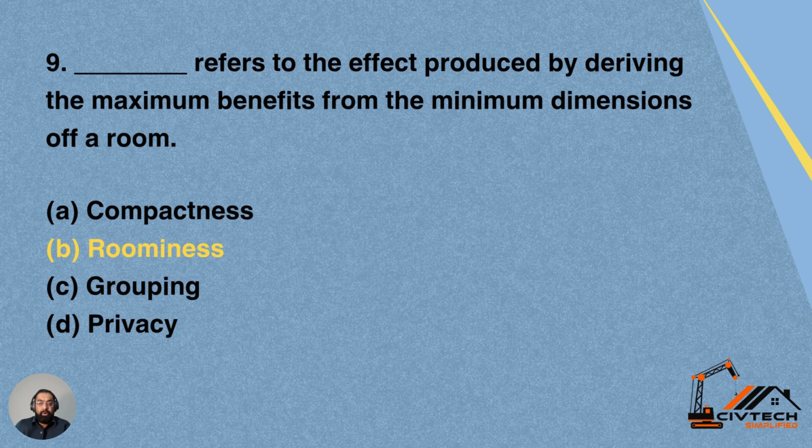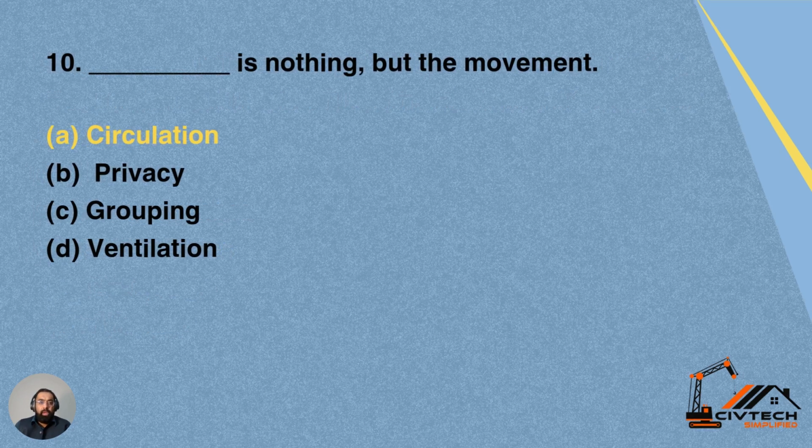So what refers to the effect produced by getting the maximum benefits from the minimum dimensions of a room? It is basically prominence. In prominence, we try to get maximum benefits out of the minimum space. So B is correct for this question.